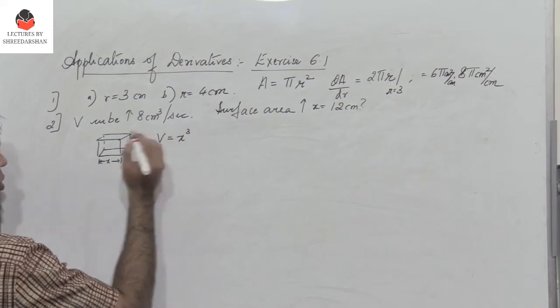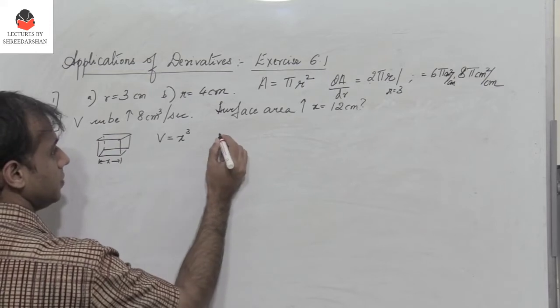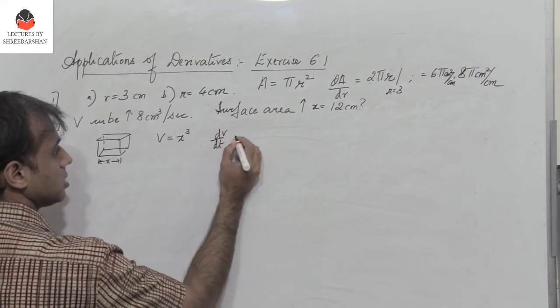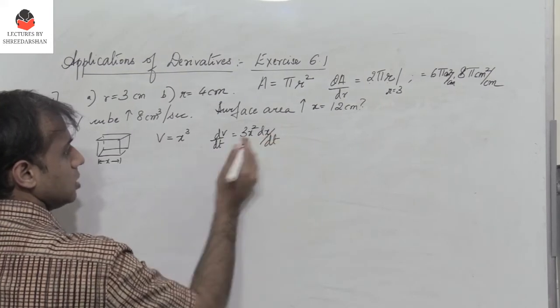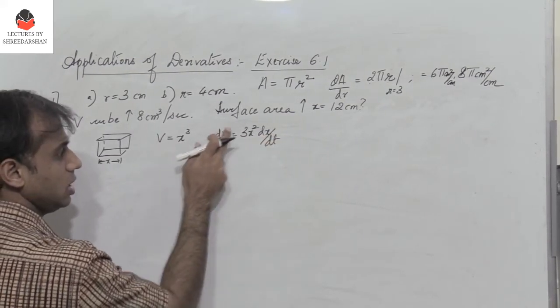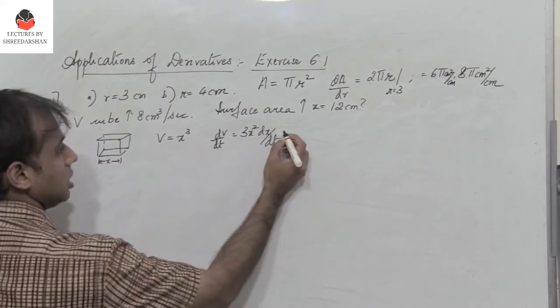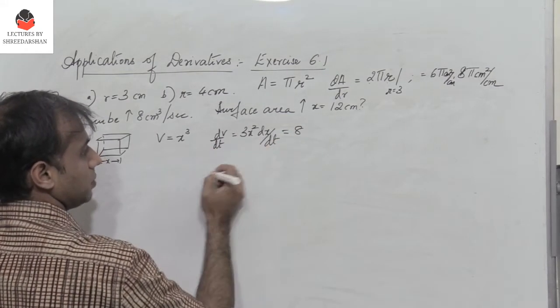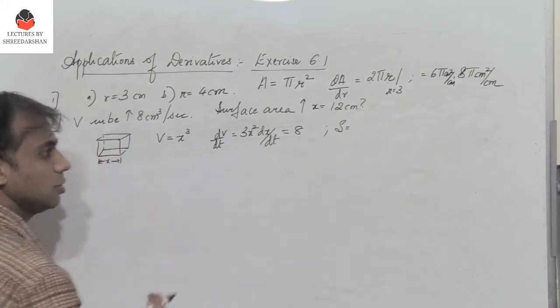So this is a cube, all the sides are equal, so this is x, and now we know that volume equals x cube. Now let me differentiate this with respect to t. So dv by dt is 3x square dx by dt. This can be written as dv by dx into dx by dt. I've skipped a step. Now this is equal to 8. Now given surface area, what is the surface area of a cube?